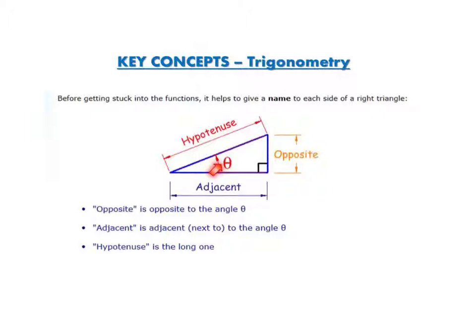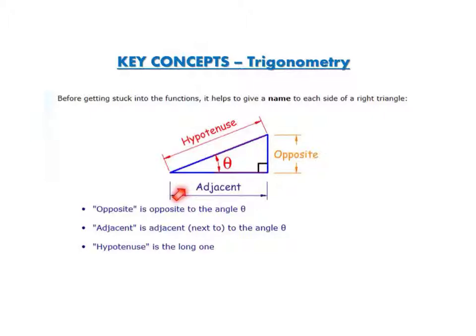If we were looking for this angle here, this is the leg opposite it. Notice the leg doesn't touch the angle. That's opposite. The leg adjacent touches it, but also touches the right angle.